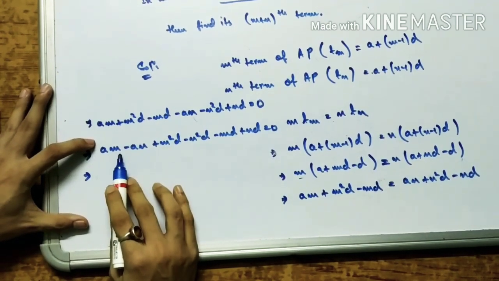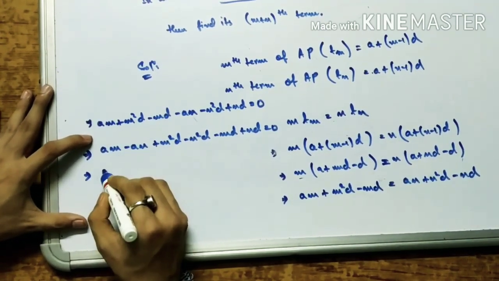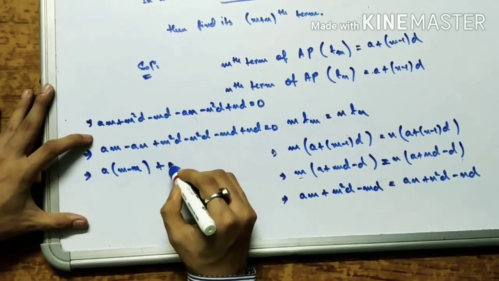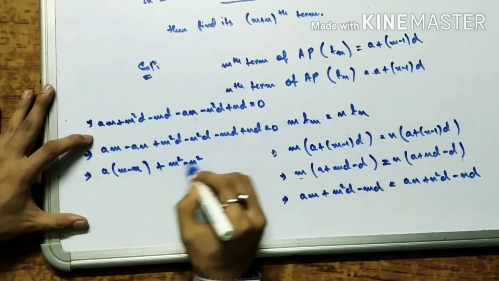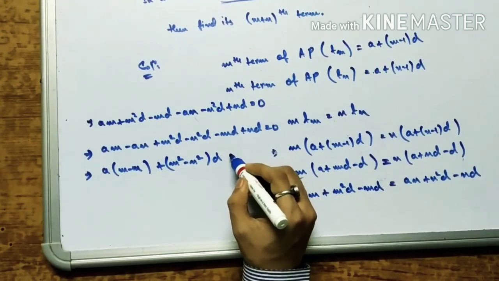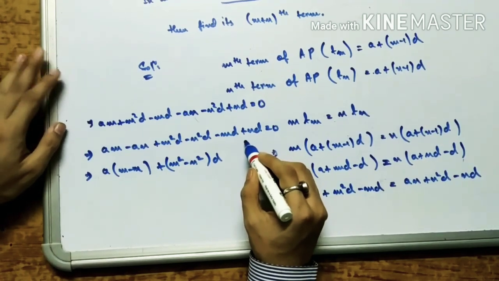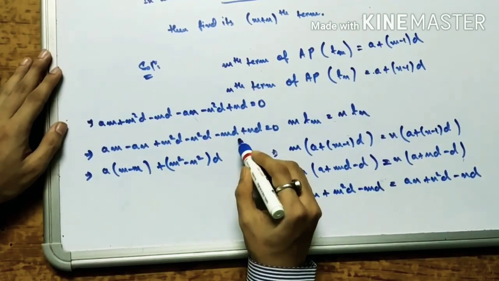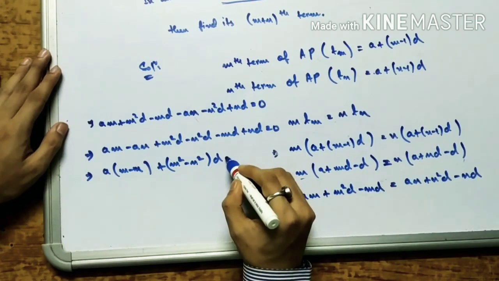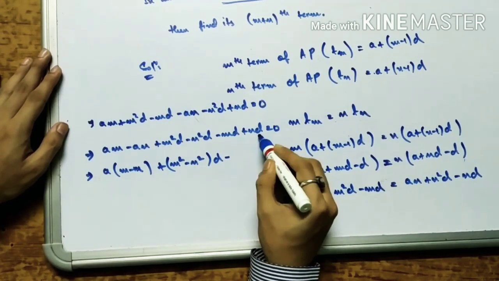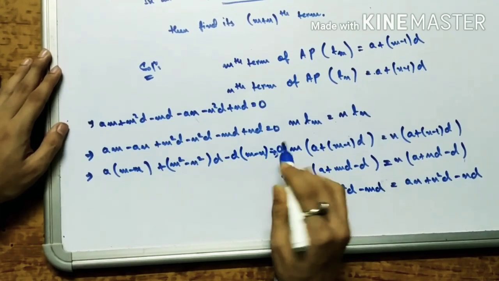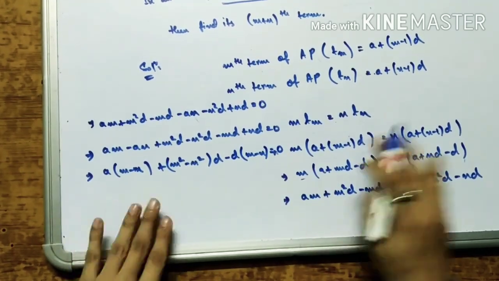In here I can take a common, a into m minus n, plus I can take d common from m square minus n square, and in here I can take minus d common, giving m minus n is equal to 0. Let me write this properly.